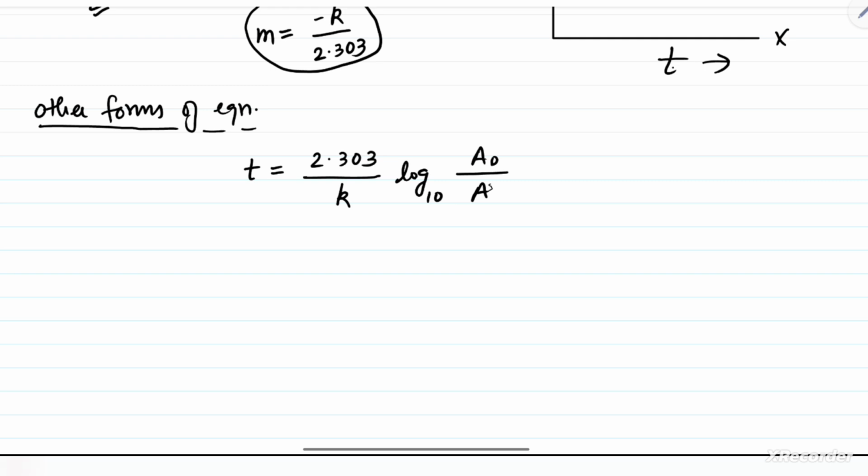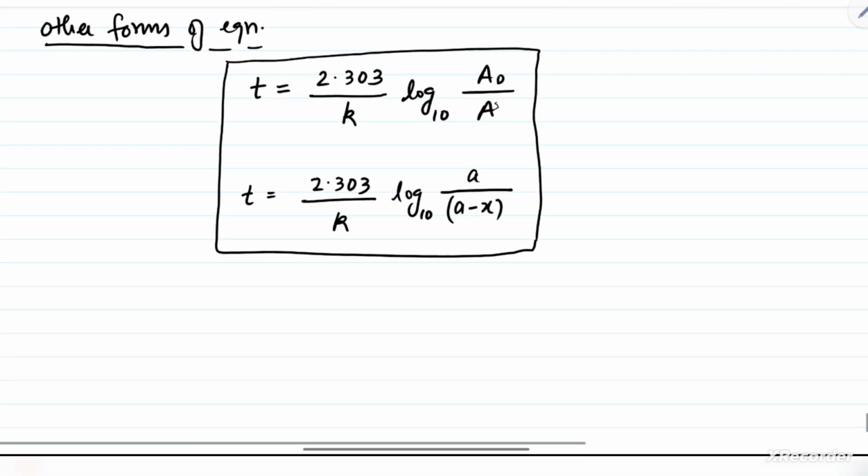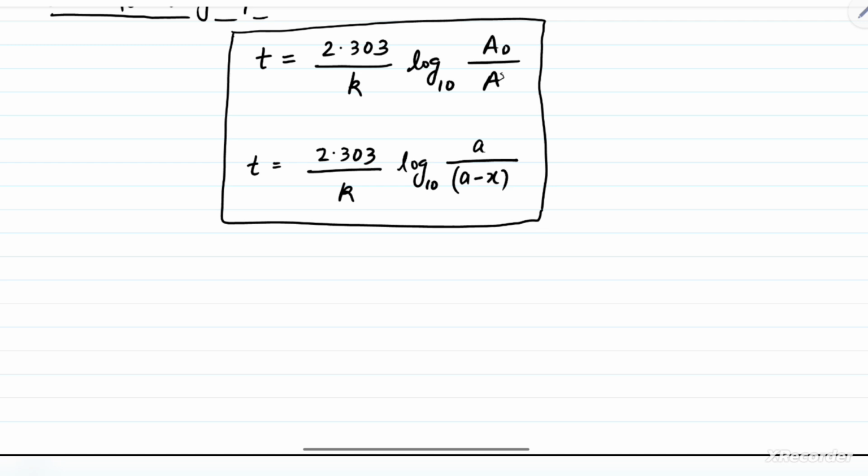In some books it is also written as 2.303 by k log base 10, with A naught as initial concentration written as a, and A as remaining concentration written as a minus x. Both of them are the same, they represent the same thing. The initial one has to be in the numerator and the remaining one in the denominator. These are the important equations that you should know in order to solve any numerical.